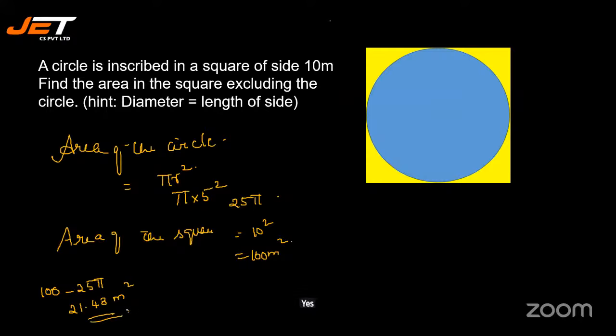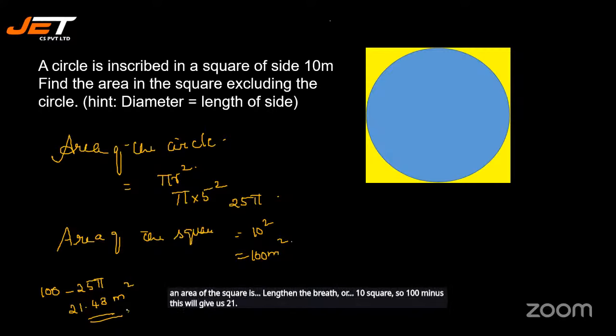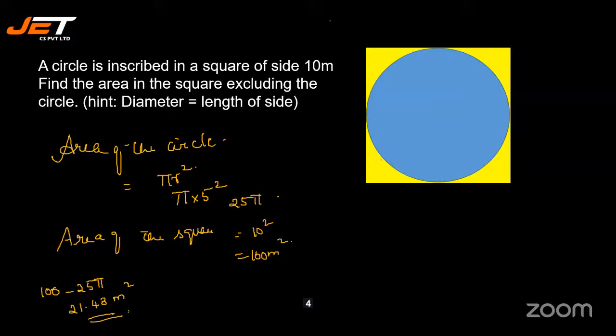Yes. Hope you all are getting this. Neha, Ravi, Sidhu, Ramesh. Right. So what is the area of the circle? 25 pi. That is 25 into 22 by 7. And area of the square is length into breadth, or 10 square. So 100 minus this will give us 21.43. Right.